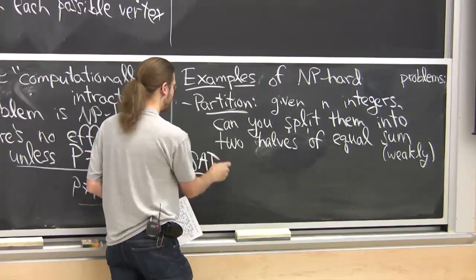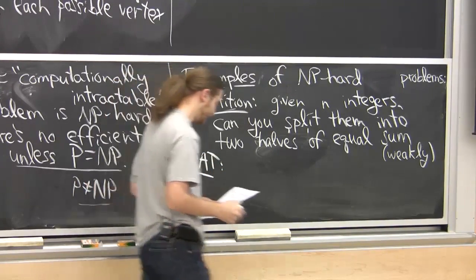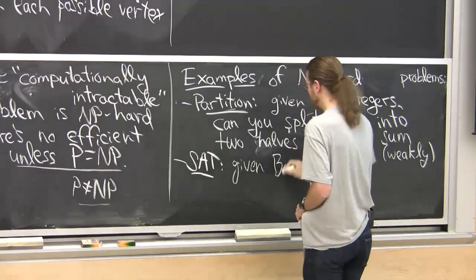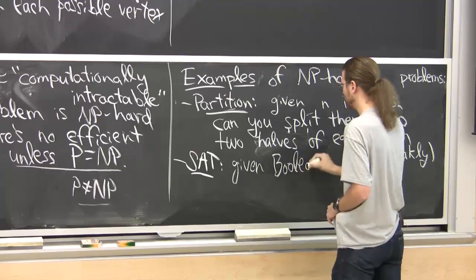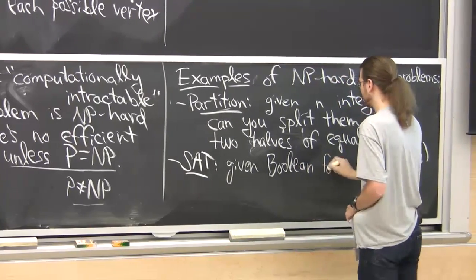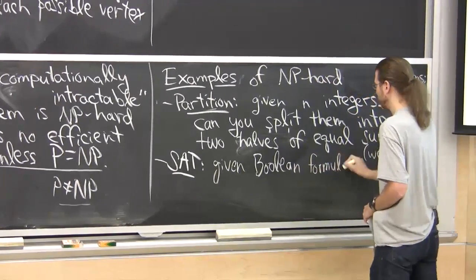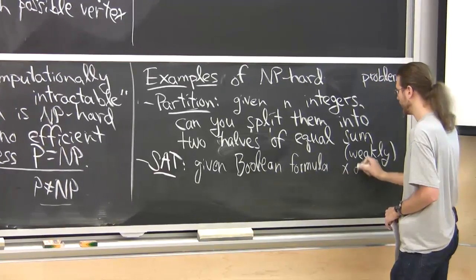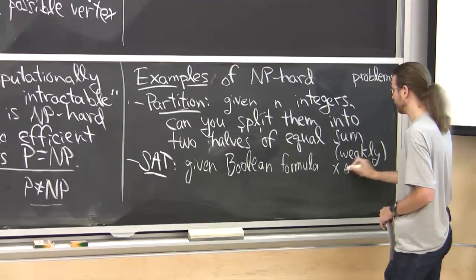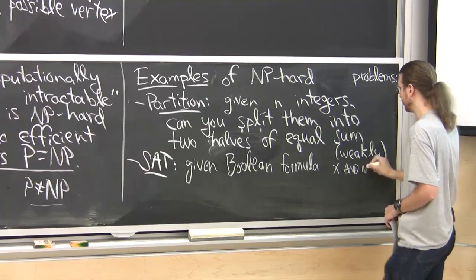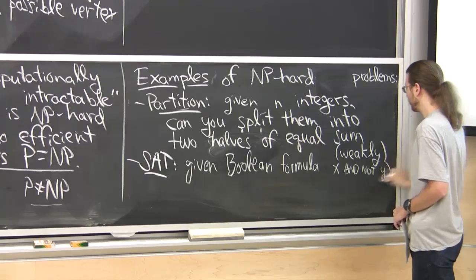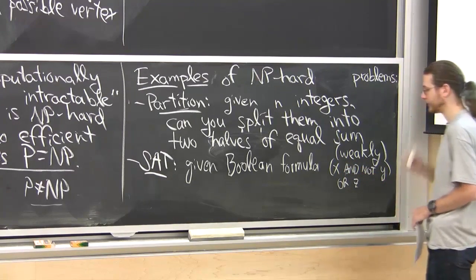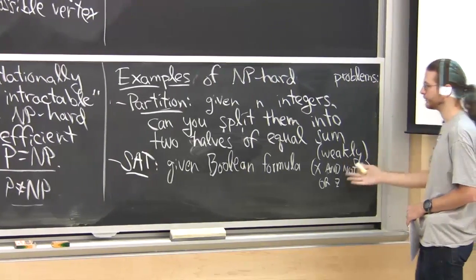An even nastier problem is satisfiability, or SAT. Here you're given some Boolean formula. So it has a bunch of variables like x and y. You can do and, you can do not, and you can do or. Let's say that's all you need. X and not y or z.